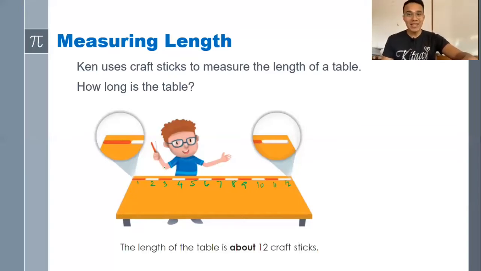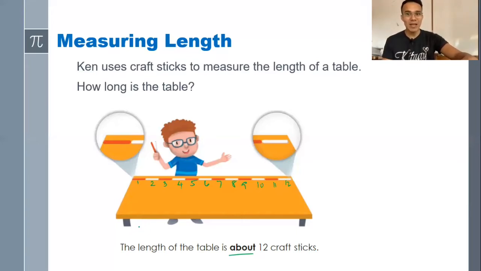Therefore, we can say that the length of the table is about 12 craft sticks. I'm just going to emphasize the word about. When we say about, it means it's not exactly equal to. The length of the table is not exactly equal to 12 craft sticks.